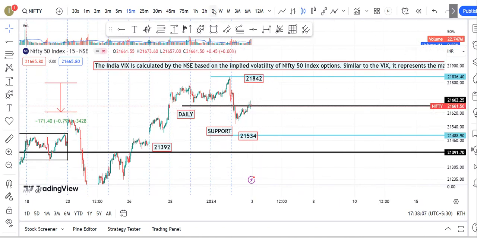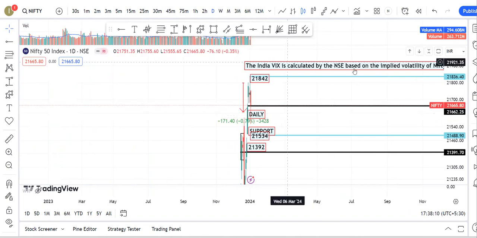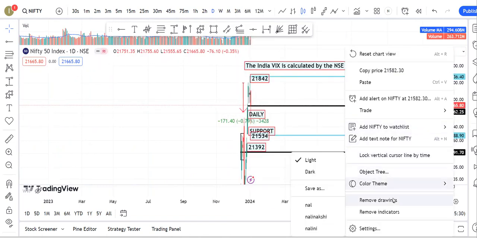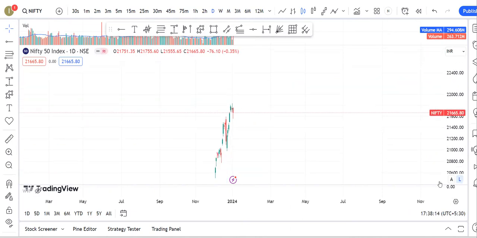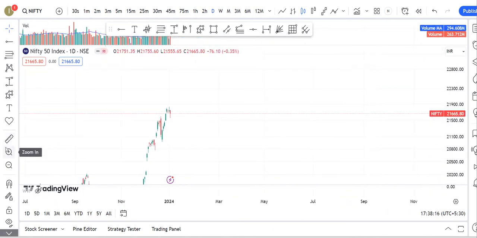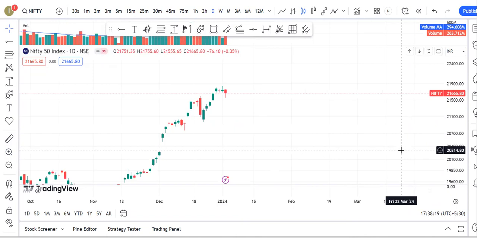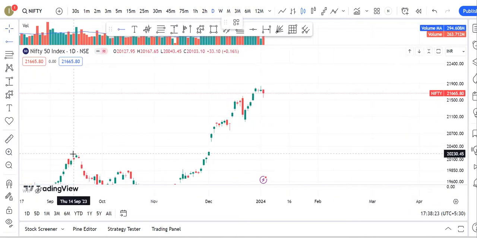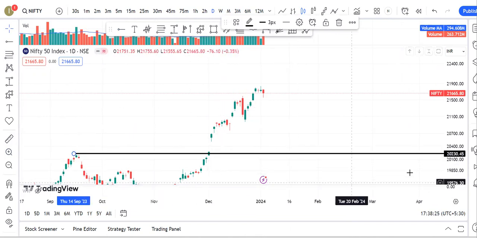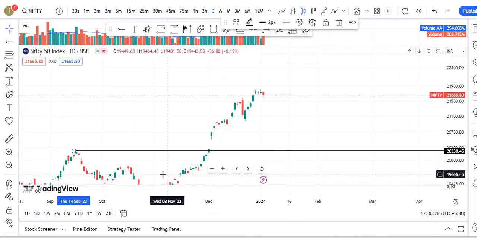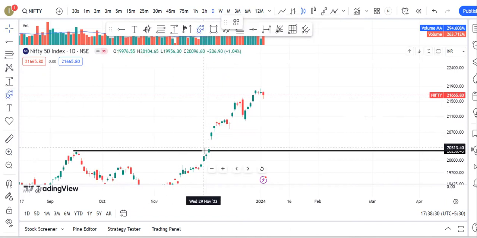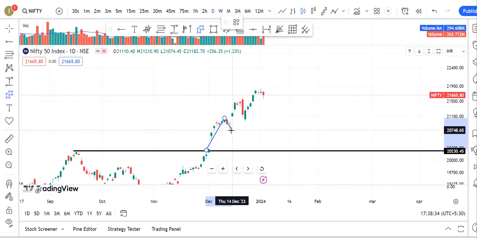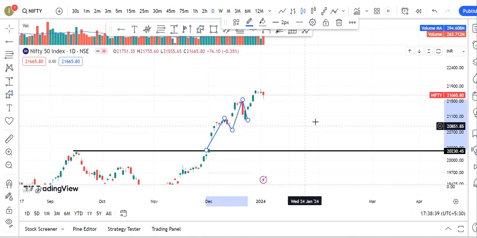Let me go to the daily time frame. Let me remove all these drawings and show it to you, identifying the swings. See, I need to identify the swing. This is the breakout point, breakout of the range, and then Nifty has come like this and gone up and it has given a swing low.